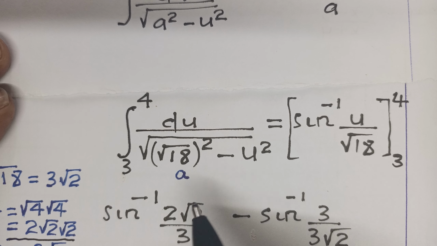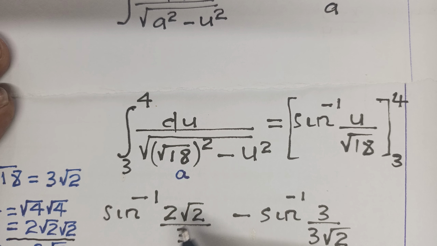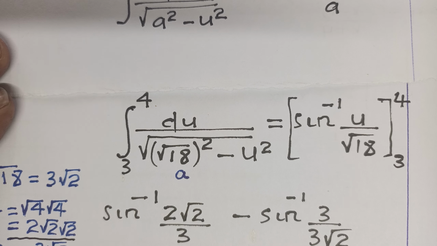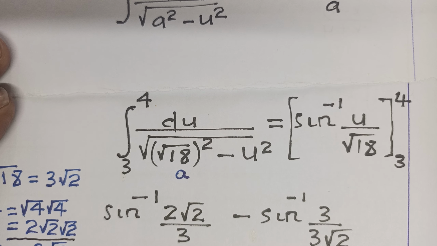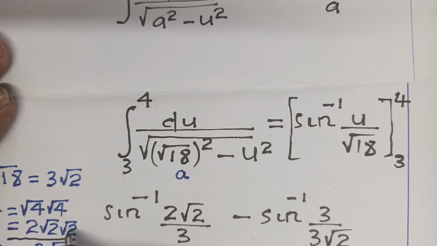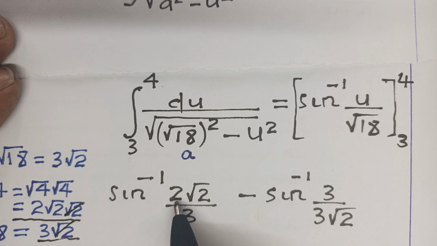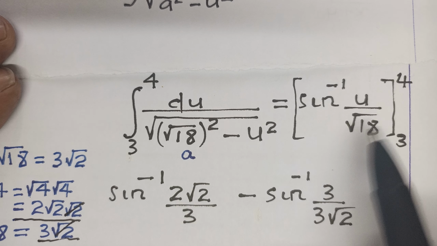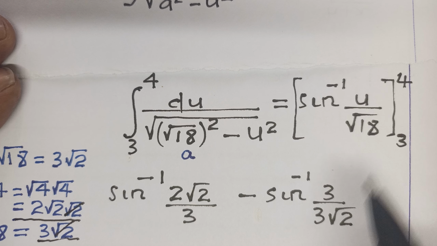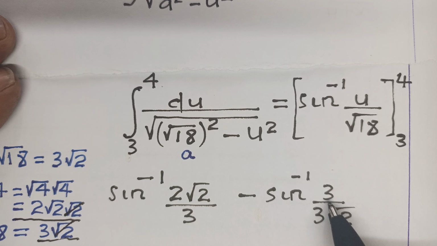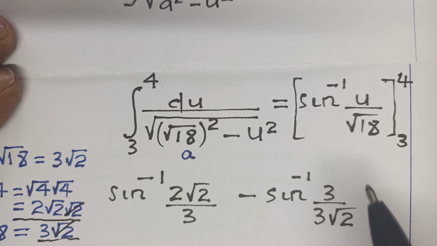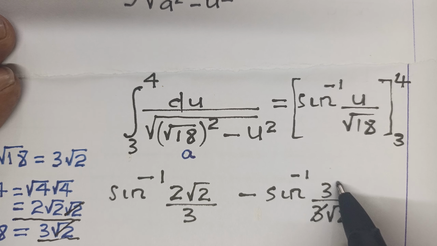If you put that here and then you put 18, which is 3 square root of 2, the square root of 2 is going to cancel. And so you shall be left with 2 square root of 2 over 3, minus. You replace with 3, and the square root of 18 is 3 square root of 2, and so therefore that cancels.